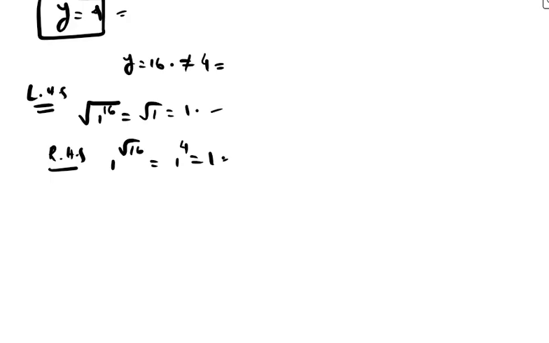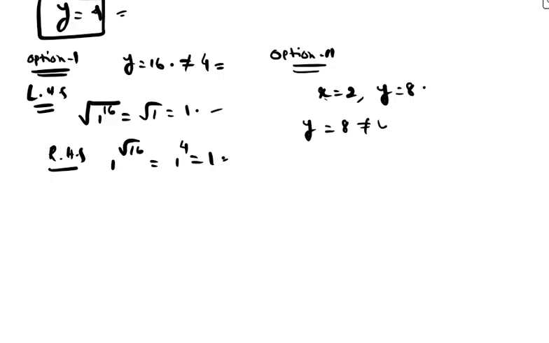So option 1 is not a counterexample. Now option 2: x is equal to 2 and y is equal to 8. Here y is equal to 8, which is not equal to 4.